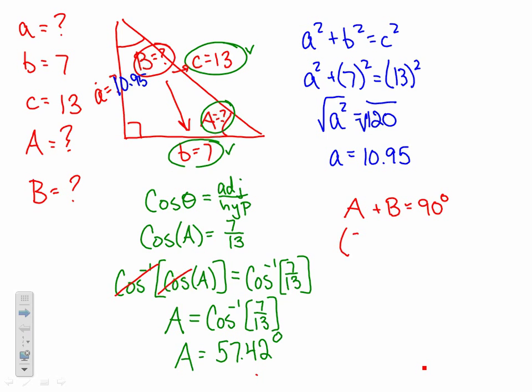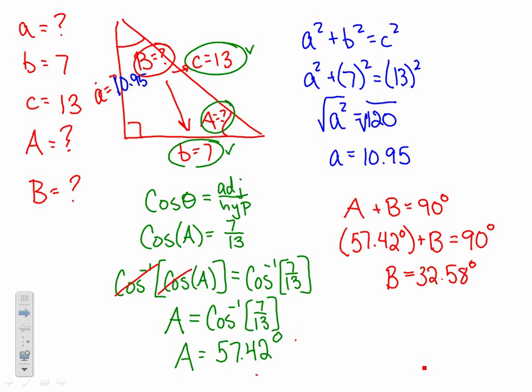And so I'm going to substitute my value for angle A, which we know is 57.42 degrees. Angle B is my unknown. 90 degrees is over here. All right. And I'm going to take my 90 and I'm going to subtract my 57.42, and that gives me a measure of 32.58 degrees for angle B.